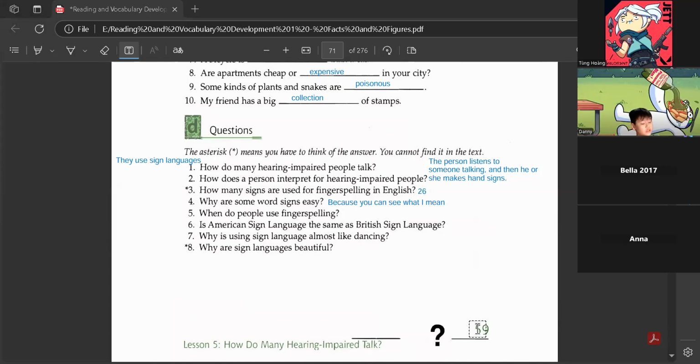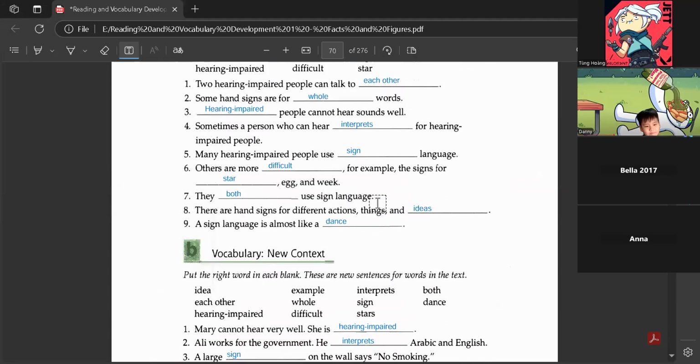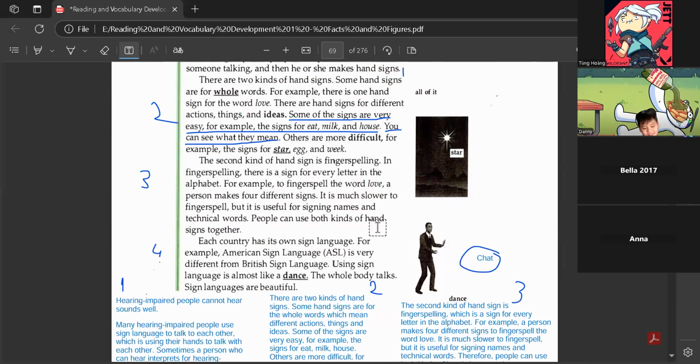I think we use that when people are hearing impaired.